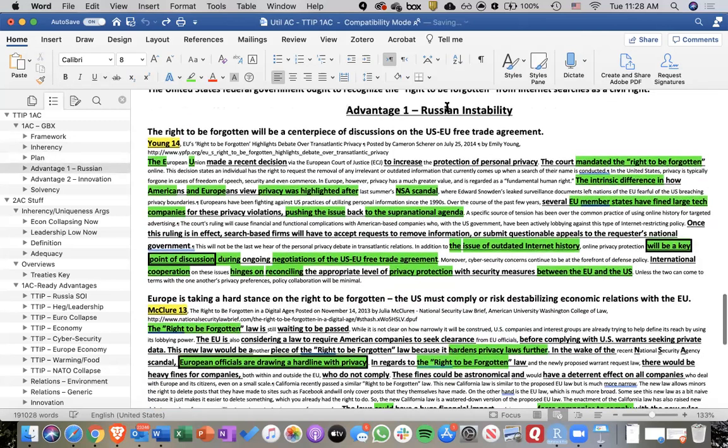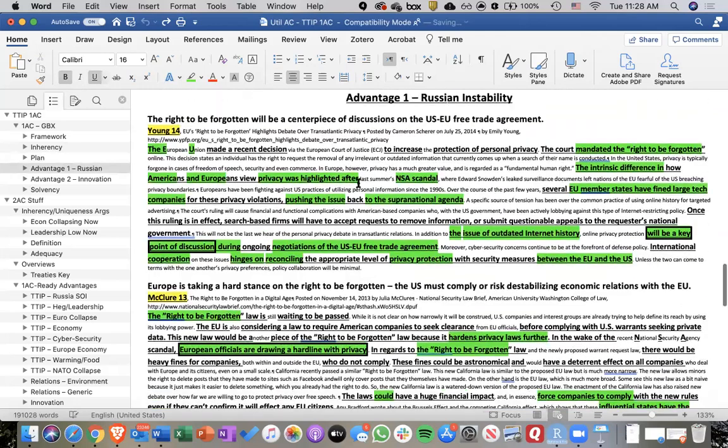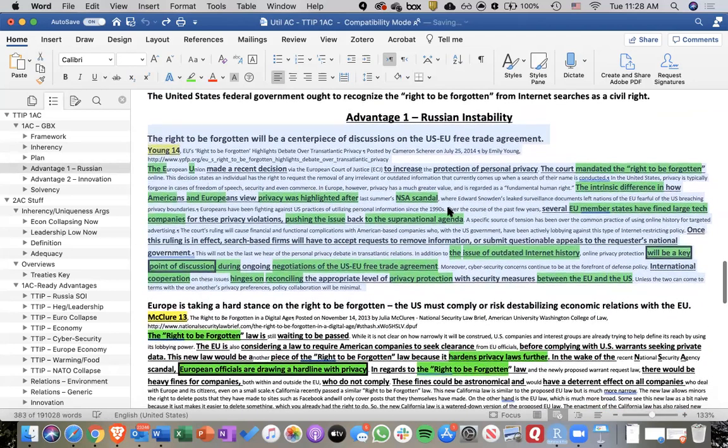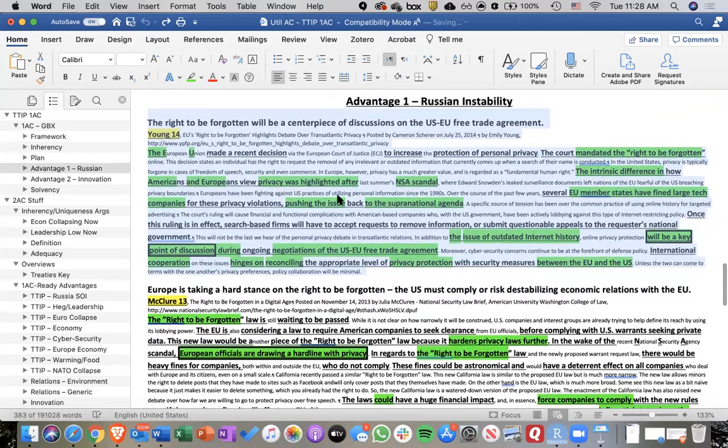The advantage here, and we can talk a little about the structure of an advantage. This is essentially a description of the status quo. This is what we will call uniqueness. We'll talk more about this when we get to disadvantages, but the typical structure of an advantage is: here's the harms. This is what's happening in the status quo that creates the harms of why we need this sort of issue.